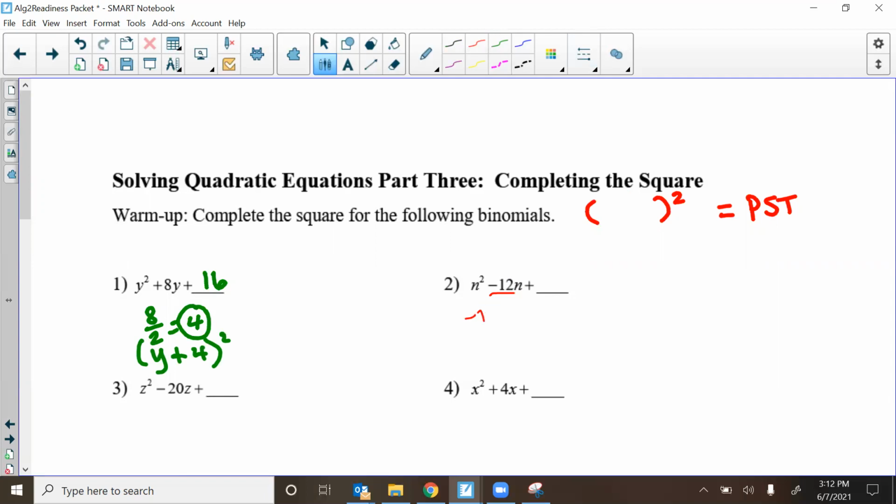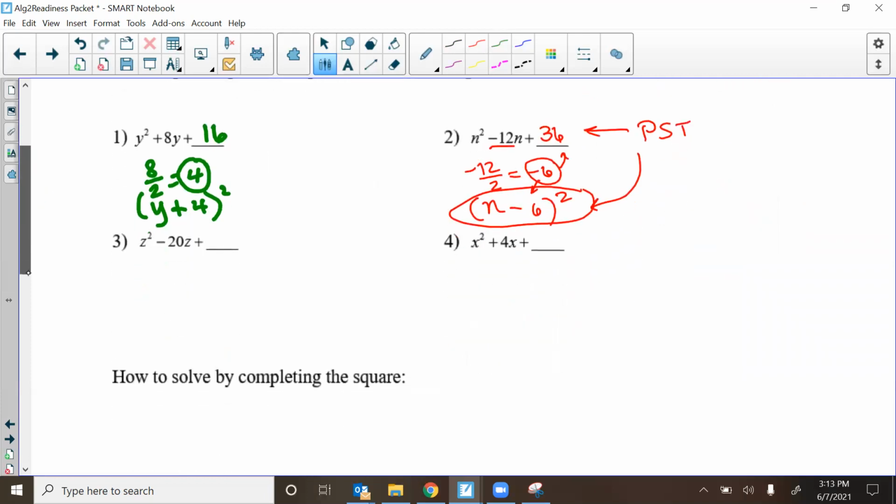So I'm going to take negative 12 divided by 2, and that is negative 6. And that's kind of our rock star number. Take whatever variable you have and you bring this down here, square it, and then when you square it, you always get a positive. So positive 36, that perfect square trinomial will factor down to this factor squared. Then you would use solving by square roots to finish the problem.